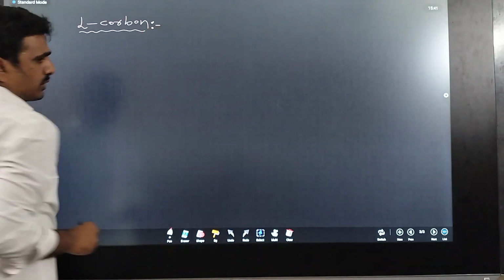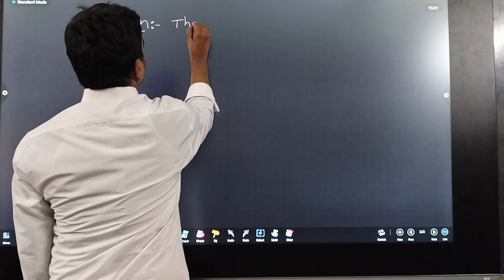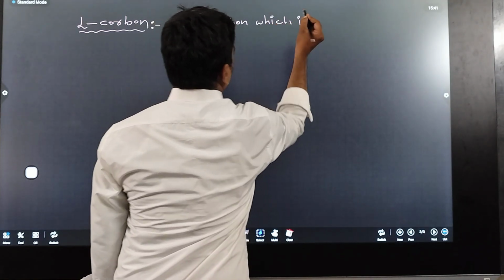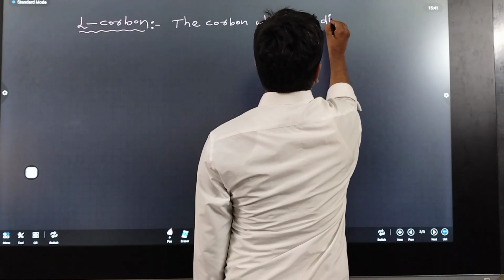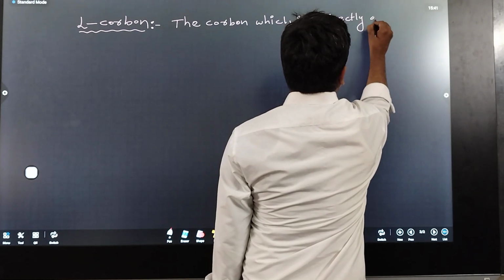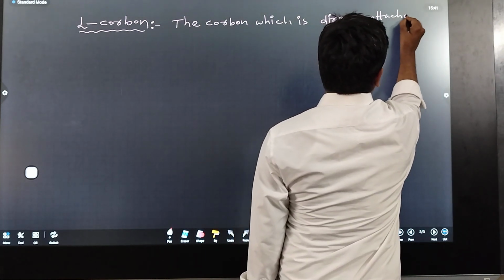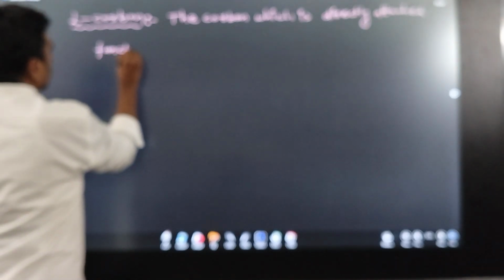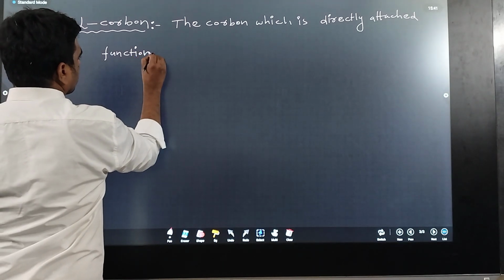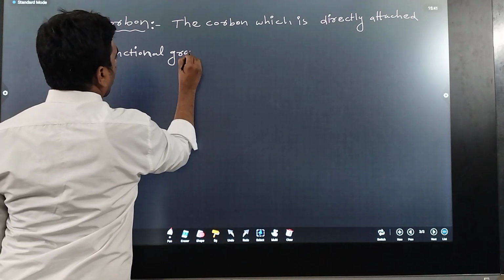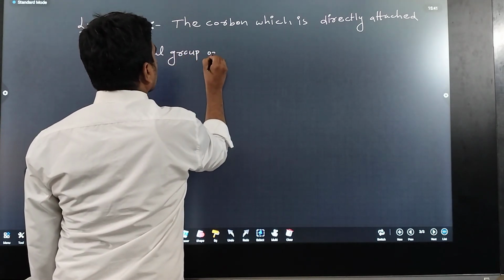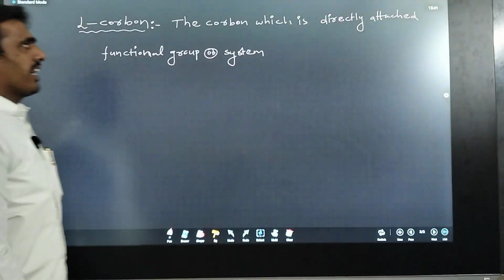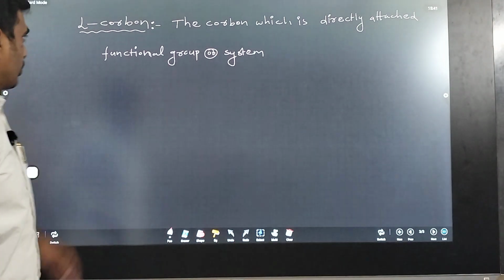The alpha carbon is the carbon which is directly attached to the functional group carbon or system. That is the alpha carbon.